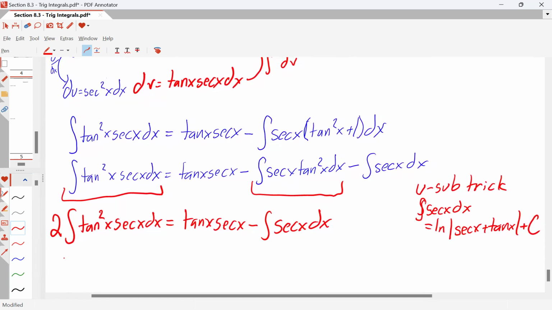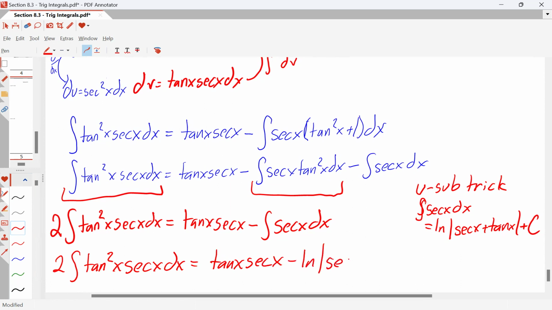So using that, we get that 2 of this tangent squared x secant x dx is equal to tangent x secant x minus the natural log of secant x plus tangent x, plus c.